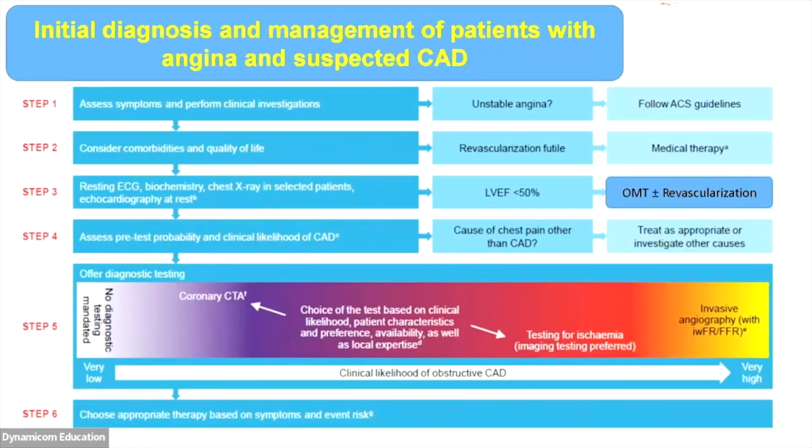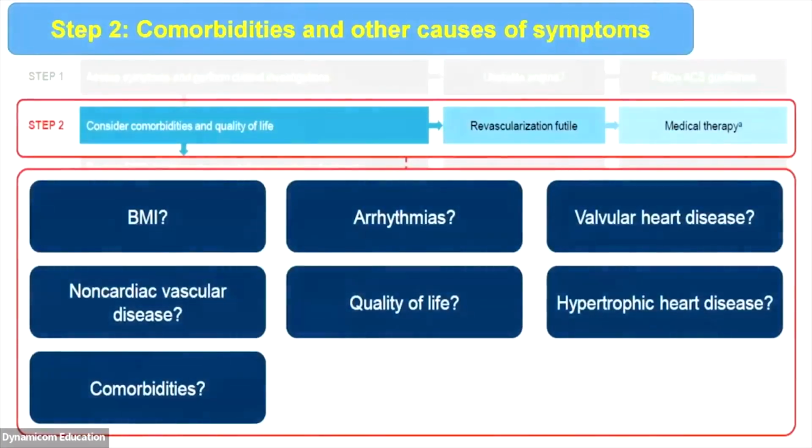While if the probability is high, we should go to a more diagnostic strategy, like very high risk patients in which the pre-test probability is very high, so an invasive strategy from the start is needed. And after risk stratification, the treatment strategy, medical treatment or revascularization.